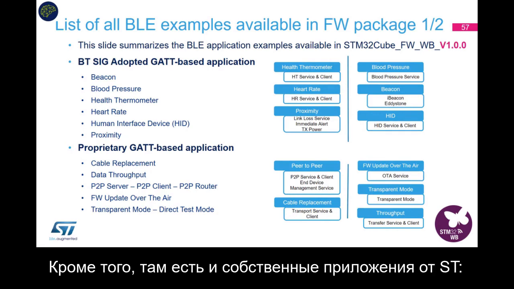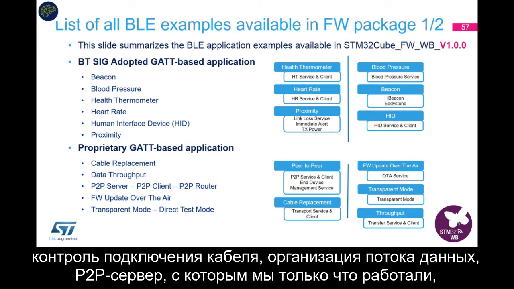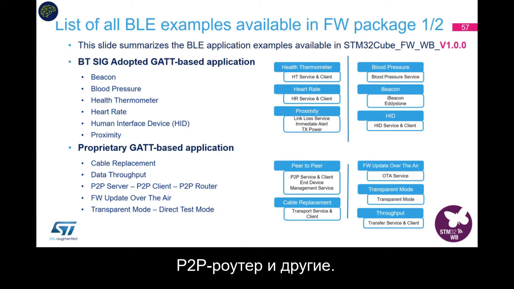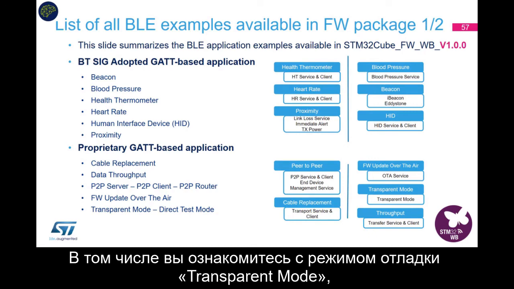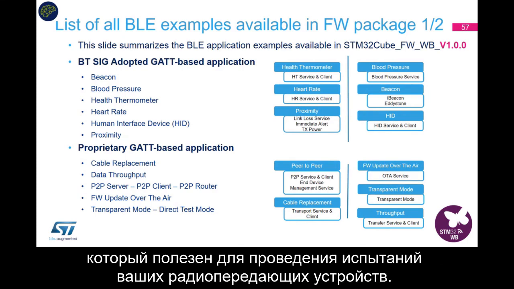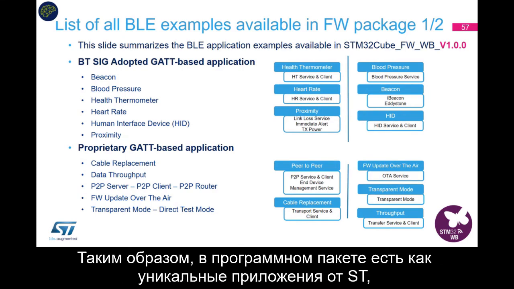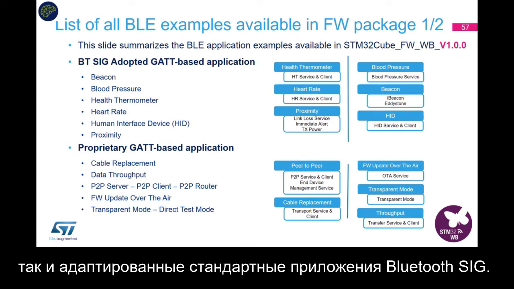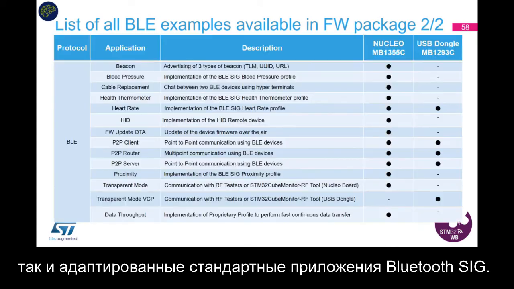And then we've got our proprietary ones: cable replacement, data throughput, the P2P server we were playing with earlier, and the P2P router, which you'll see in some of the demos later on. And the same with transparent mode as well. This is how you use and test the RF functionalities on your PCB. They're proprietary based ones, but we have adopted some of the Bluetooth SIG ones already.